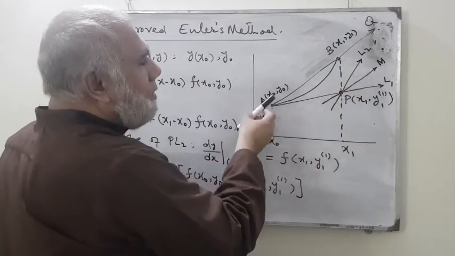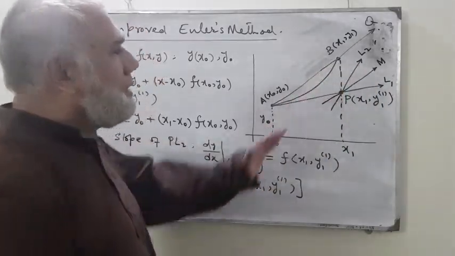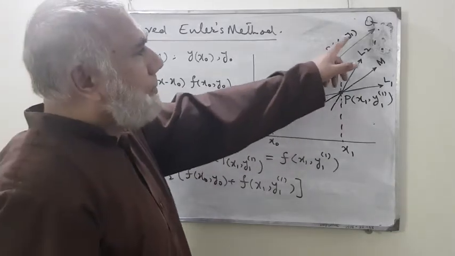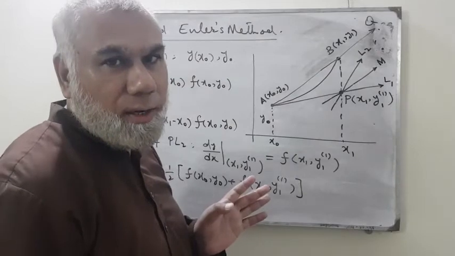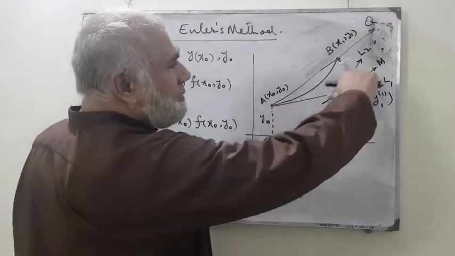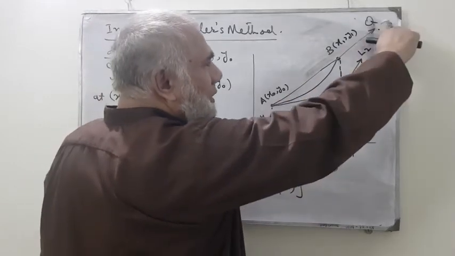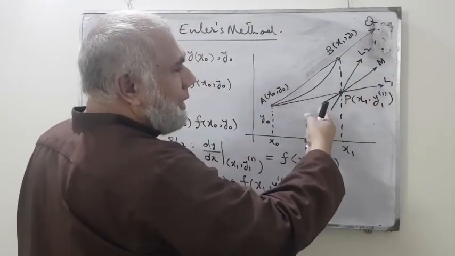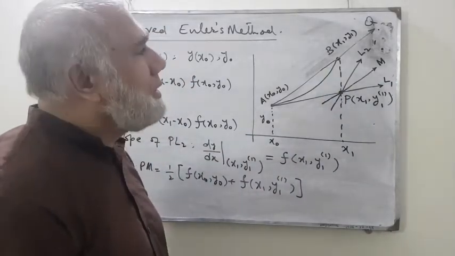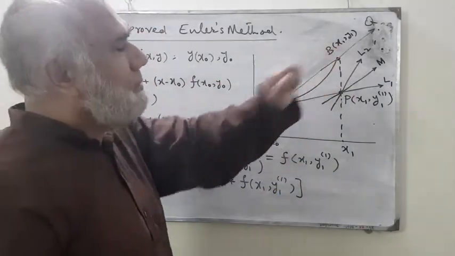Now this line ABQ is approximating the solution curve in order to obtain the y coordinate. I repeat, we are going to approximate the solution curve by the line ABQ, which is parallel to PM, and to obtain the approximated value of the y coordinate y1.